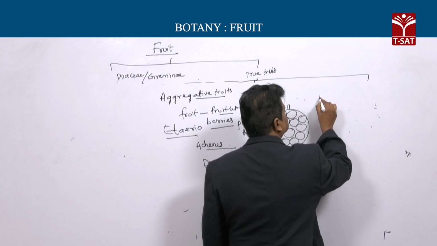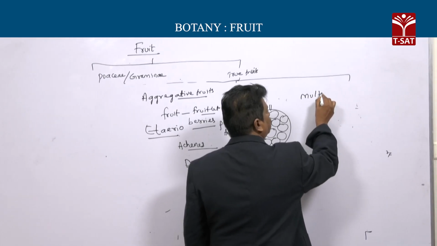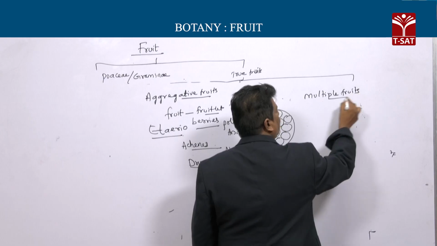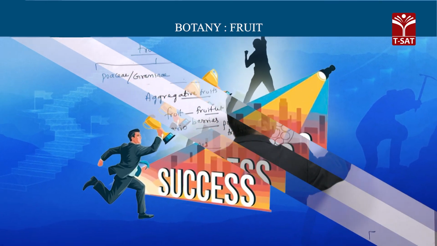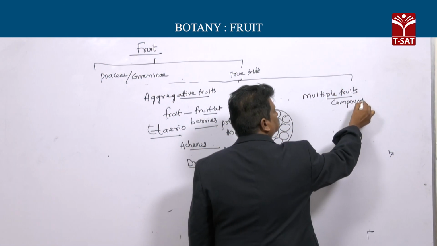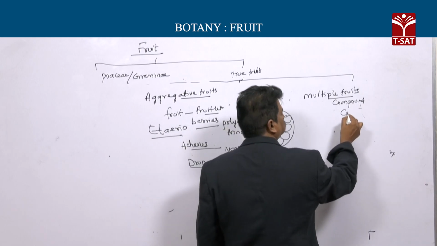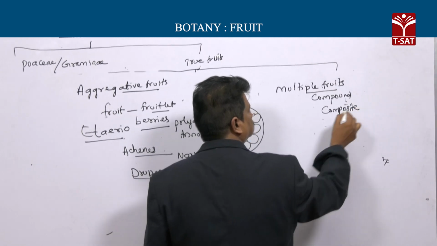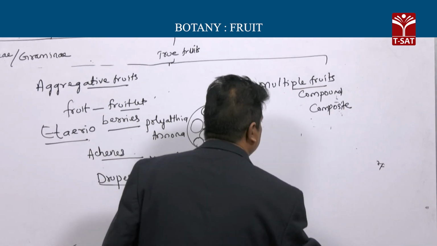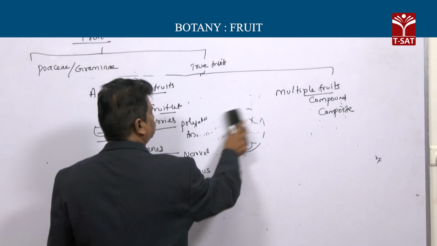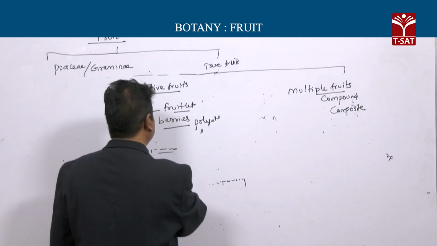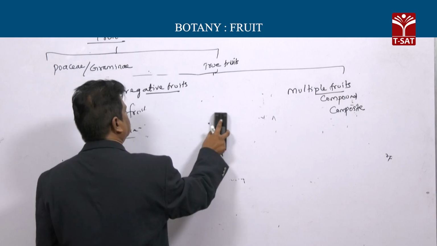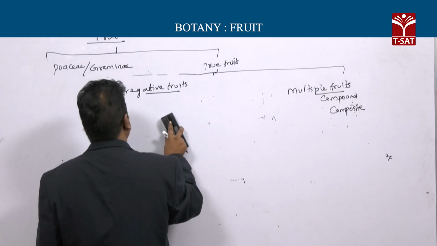Last one, multiple fruits, or compound, or composite fruits. Multiple fruits means fruits that develop from an inflorescence.